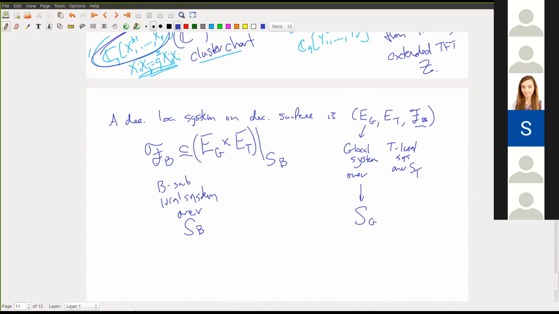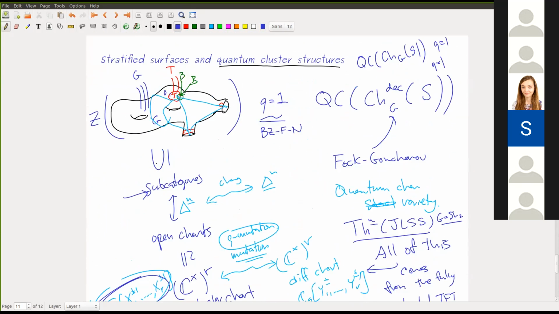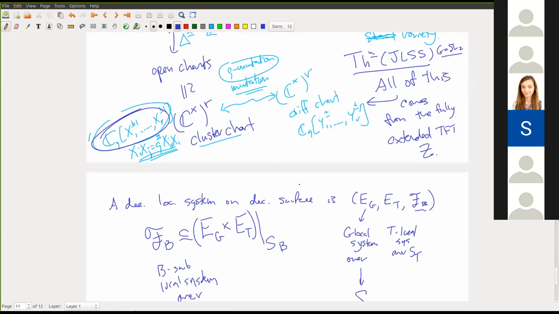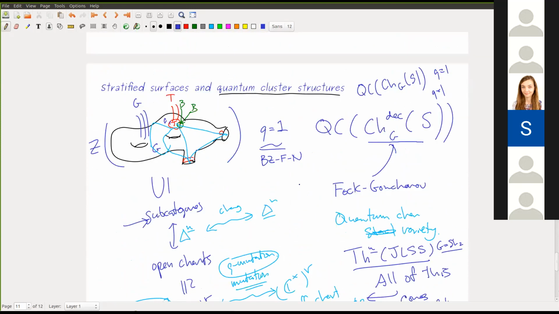So that's a slight rephrasing of what Fock-Goncharov called the decorated local system. I see, cool. And so that is the moduli space that's being referenced here. Right, and so that also carries a Poisson structure.